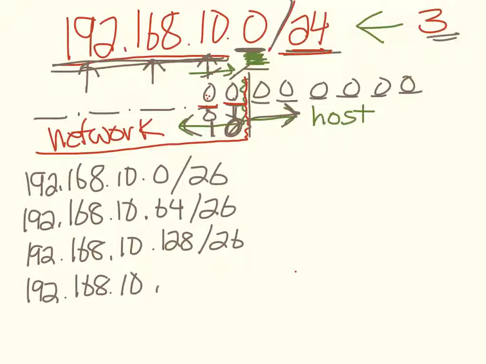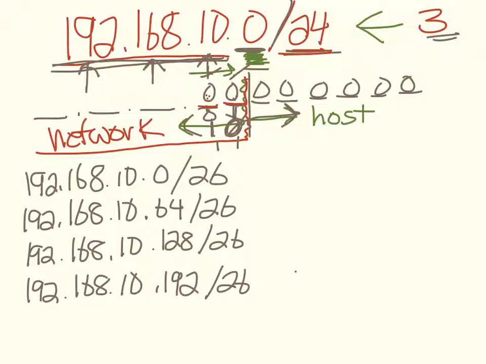I had 0001, 1011. That would be another 64, so you add 64 to the 128. Did I do that right? 192.168.10.192/26.